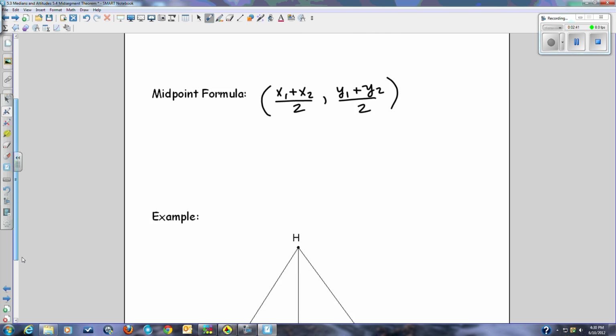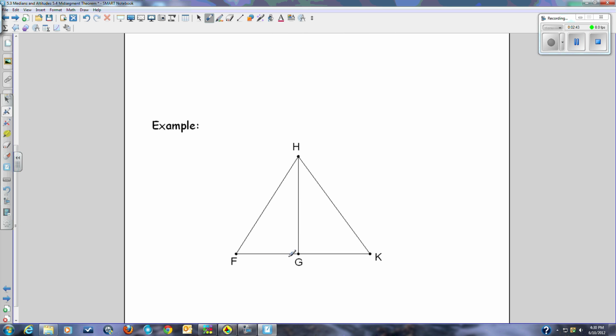We're given this particular picture, and I'm going to give you coordinates for it. Point H is at the point 8, 6, F is at the point 5, 2, and K is at the point 5, 10.